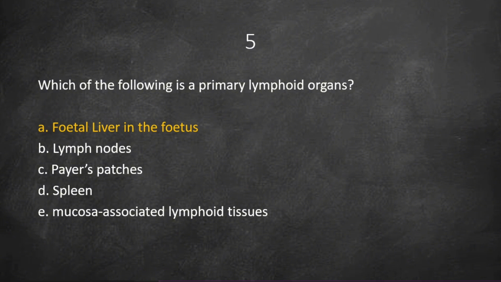Examples are the fetal liver in the fetus, the bone marrow, and then the thymus. So the correct answer here is A. Lymph nodes, Peyer's patches, spleen, and mucosa associated lymphoid tissues are all secondary lymphoid organs. Okay, so that's about that.